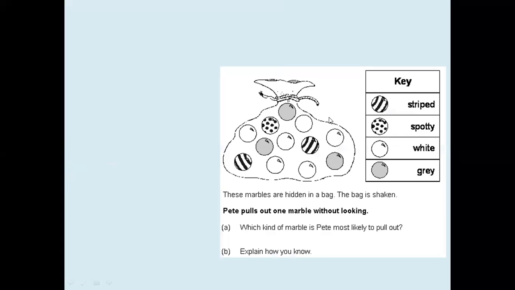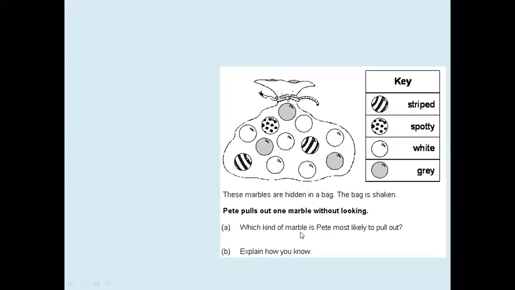Now in this bag you have striped balls and spotty balls, white balls and gray balls. Or actually marbles. Pit pulls out one marble without looking, so she is choosing one of the marbles.